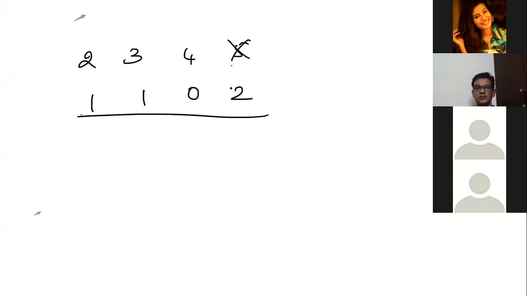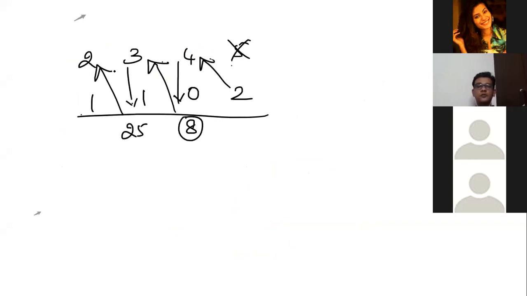Ignore the last. 2 4s are 8, 8 plus 0, 8. 8 3s are 24, 24 plus 1, 25. 25 2s are 50, 50 plus 1, 51. So the smallest number is 51.